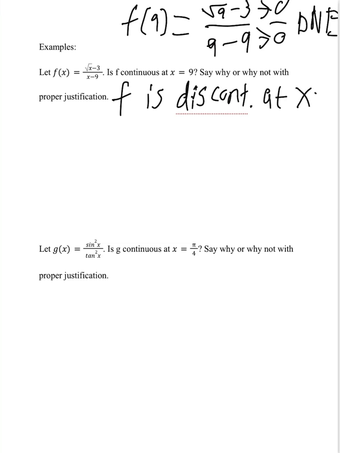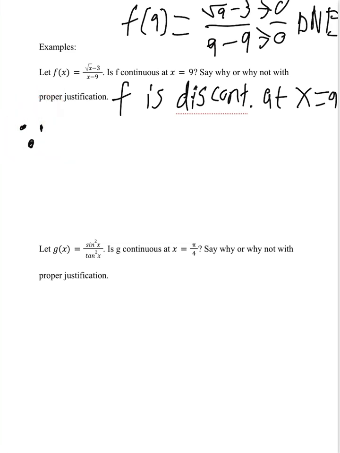At x equals 9. And then there's some symbols in mathematical argumentation that you might want to know. I'm going to use those symbols because it's good to get a feel for the notation. So the mathematical symbol for because is those 3 dots right there. You don't have to write that.